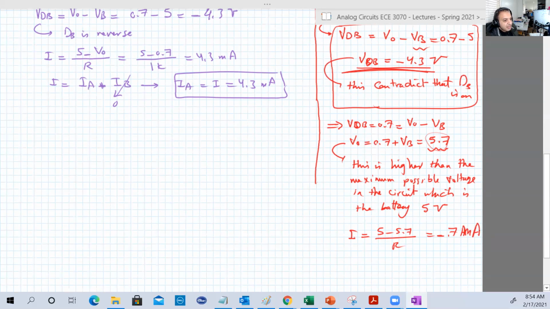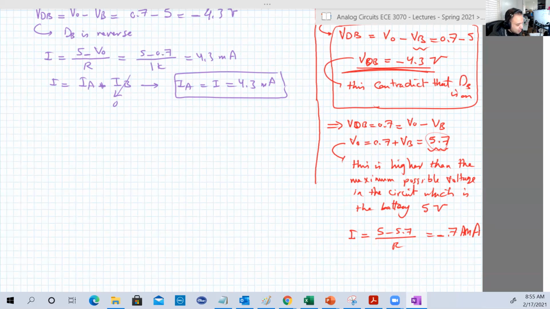You cannot have a battery being charged by another source. You may say the input 5 is a source. Yeah, but this source has the same voltage as our battery. If you have two sources with the same voltage, they cannot charge each other. One of them can charge the other only if their voltages differ.